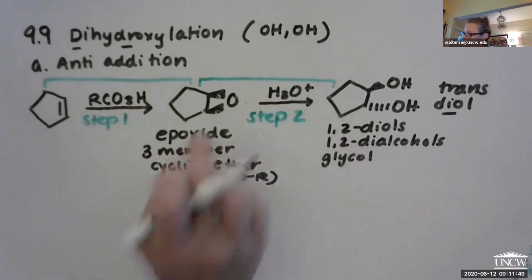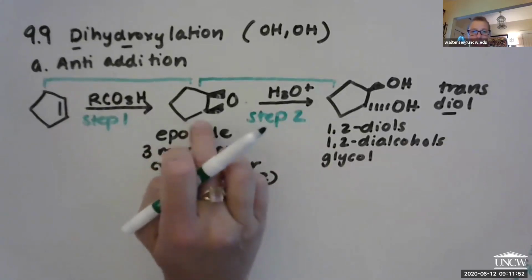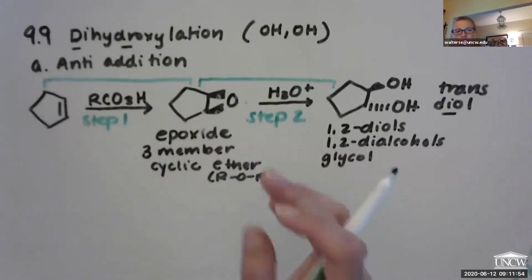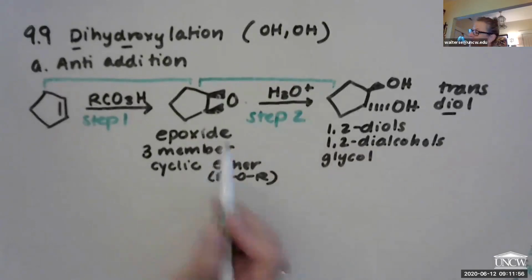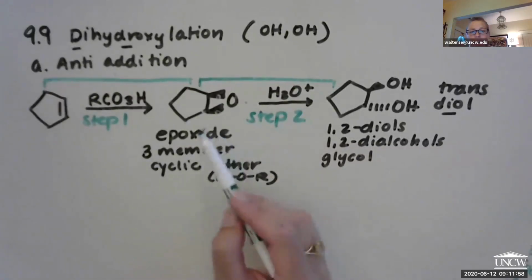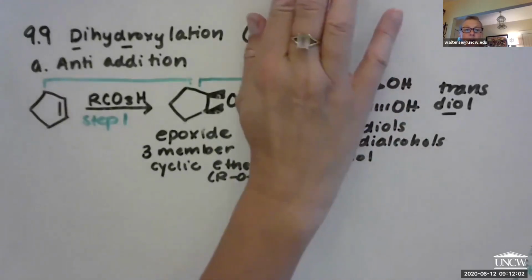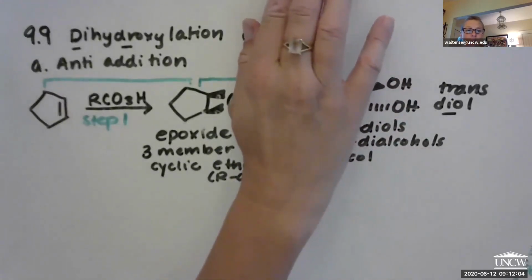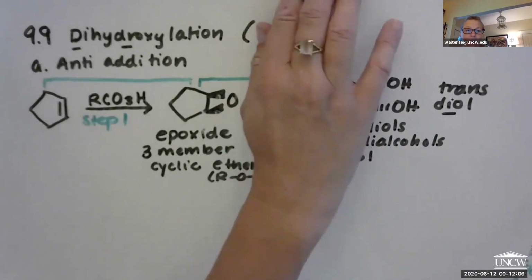So you could stop here. This isn't like a carbocation where you have to do the second step because of instability. This is a stable structure. If this was gone and all you had was RCO3H, all you would make is the epoxide.